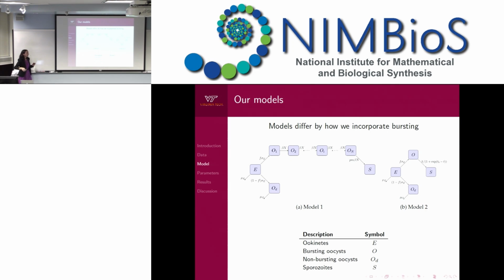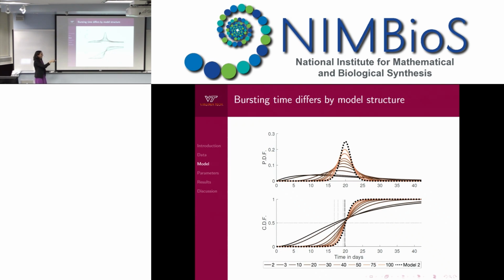But you'll see that bursting happens really early when we have very few compartments, and we can get it to happen at a very similar time to the time dependent, but not identical, time to the time dependent that we're working with. Thank you.